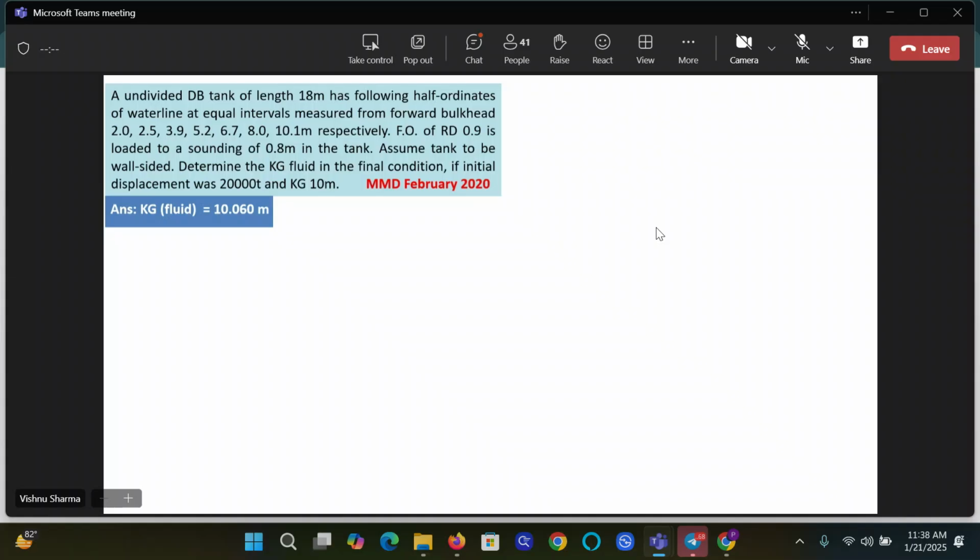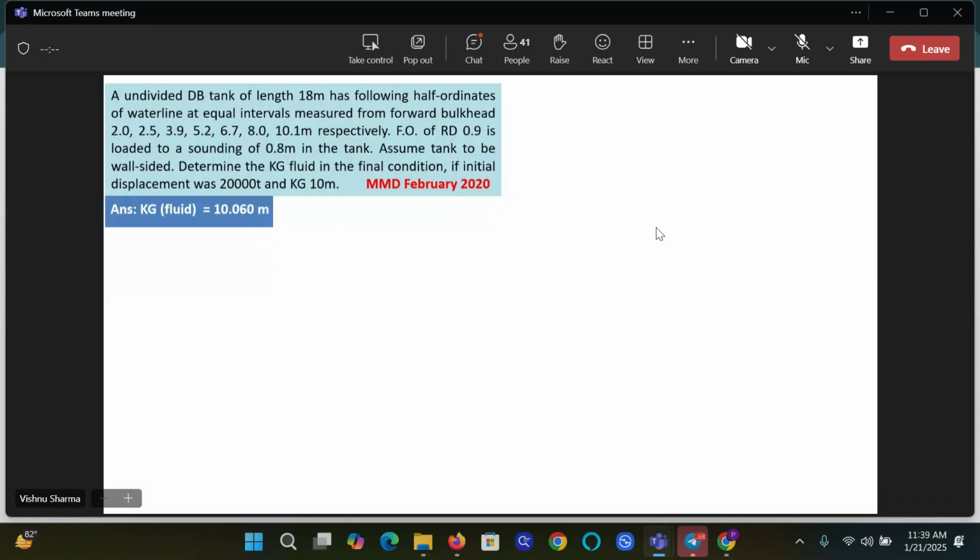Assume the tank to be wall-sided. Determine the KG fluid in the final condition. If the initial displacement was 20,000 tons, KG 10 meters. It's MMT, February 2020.